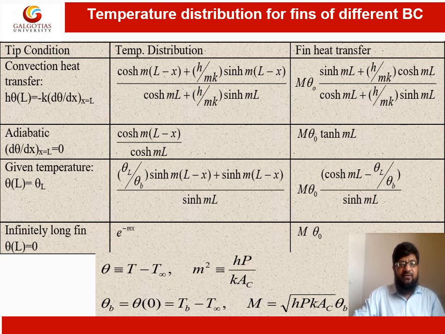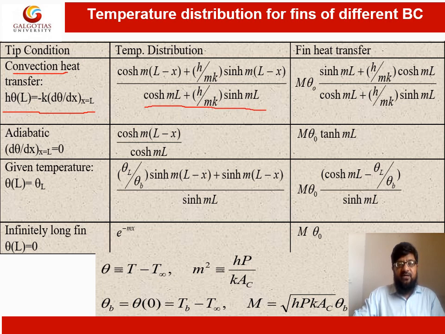If there is a convection heat transfer, that is h θ at L, at the tip, it can be given by -k dθ/dx, meaning whole of the heat conducted is going out by the convection process.